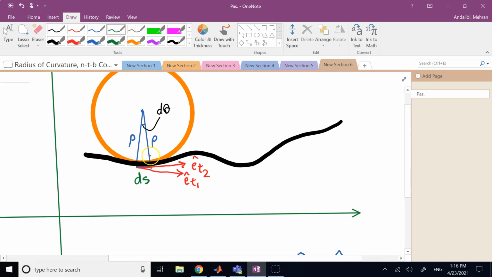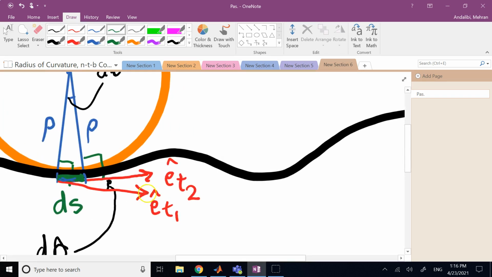So the second one is perpendicular to that, the first one is perpendicular to this. Clearly this angle between them is d theta as well. And when I say ET2 minus ET1, it's the vector that connects the end of positive to the end of negative. So basically what I need is to go in this direction. This guy here in green is delta ET.